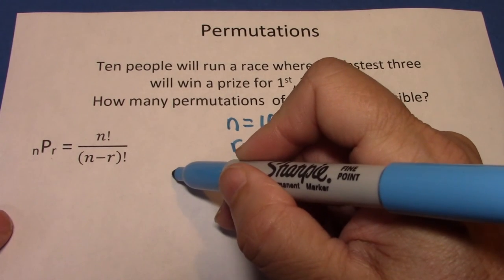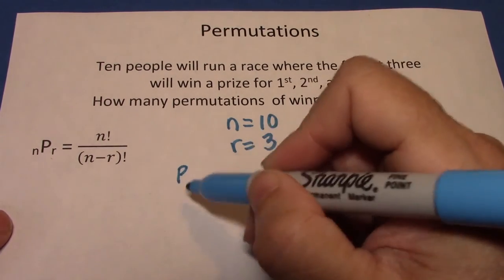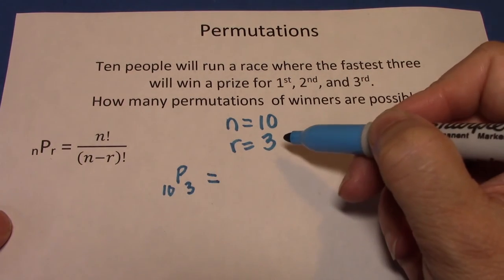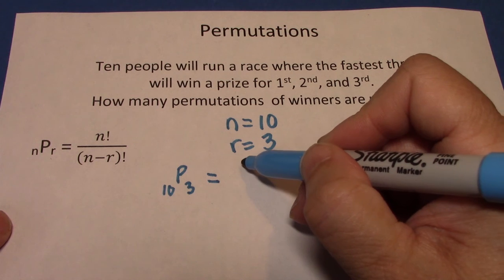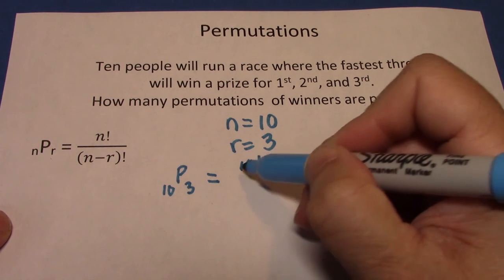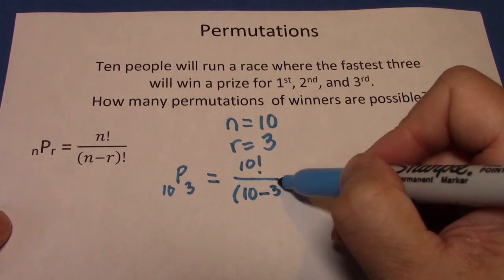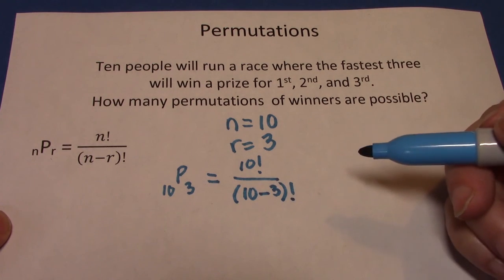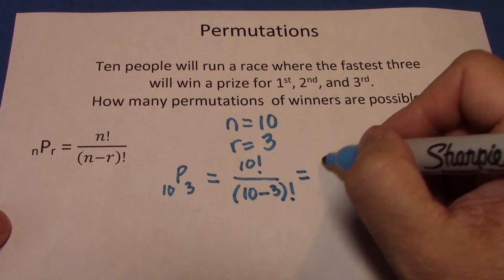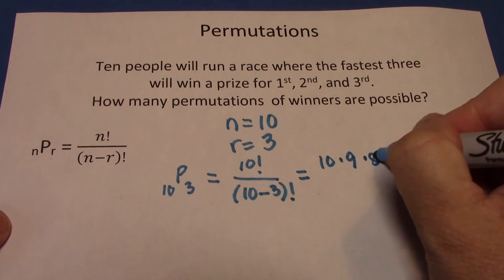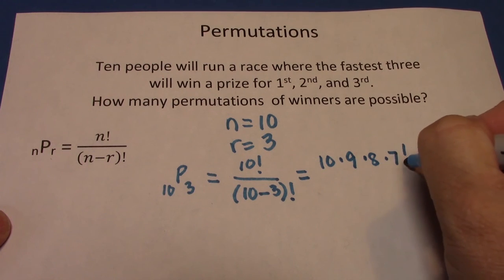We're going to write this as P, n is 10, r is 3, and we'll just substitute. So now 10 factorial over 10 minus 3 factorial. And again, let's write this 10 times 9 times 8 times 7 factorial.